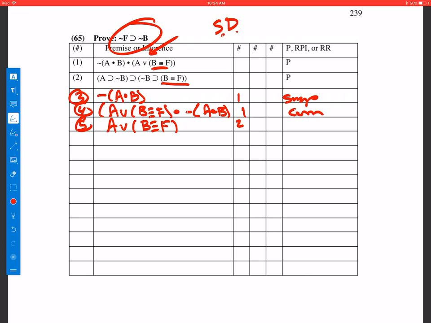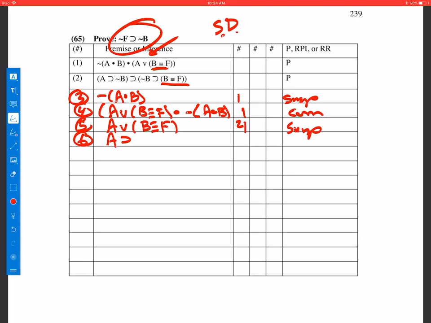And that's so I could break off this A or B if and only if F from 4 simplification, because I saw that this was actually a conditional, not A, then B if and only if F from 5 by implication. Okay.